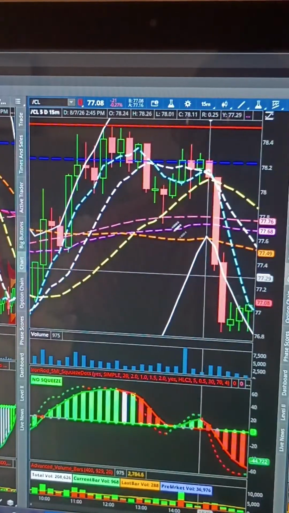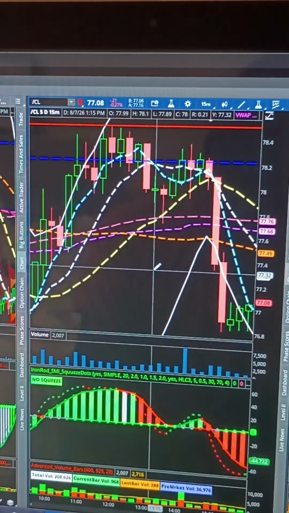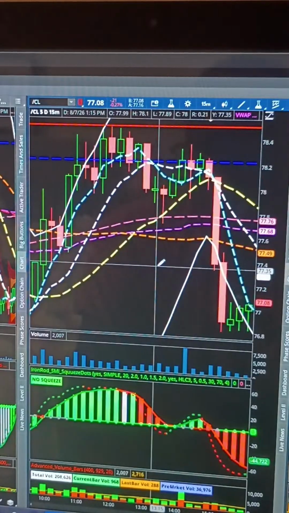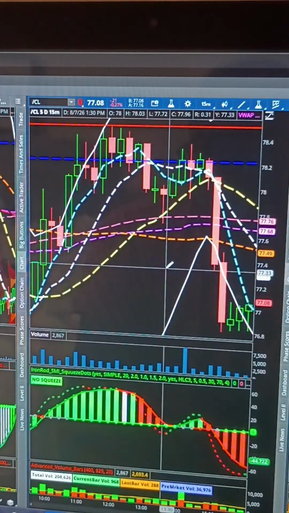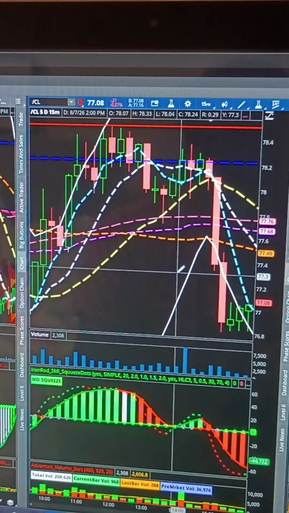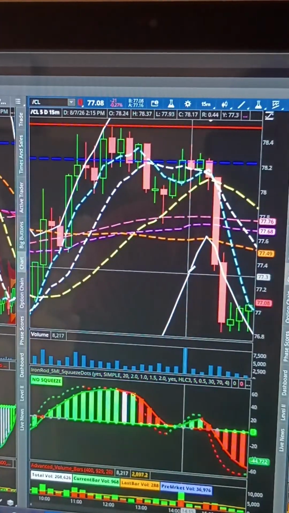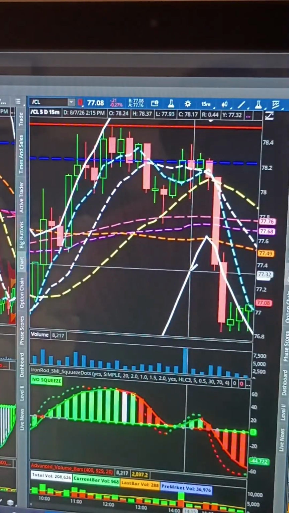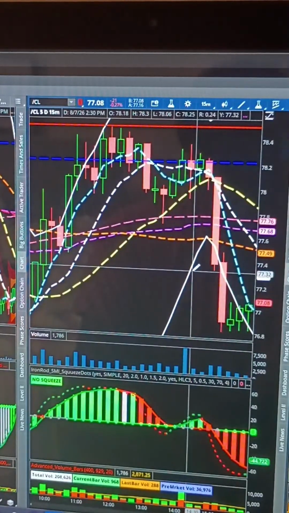Now, the role that trend plays for you is the following. Different time frames have different trends. You can have a trend on a 1 minute chart, a 5 minute chart, a 15, a 30, a 1 hour, a 4 hour, a daily, a weekly, a monthly, a quarterly, a yearly, right?